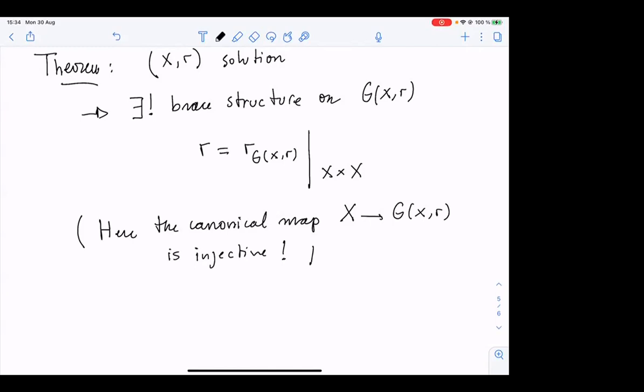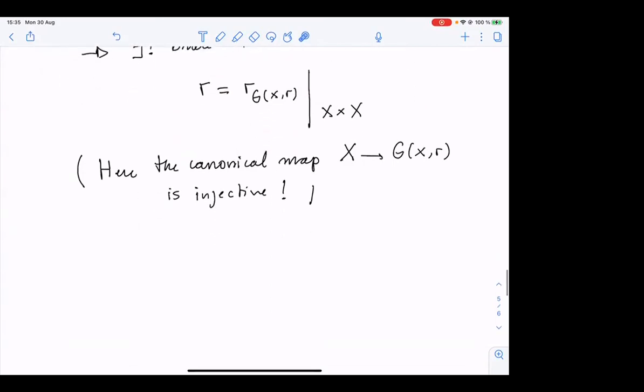So you prove that the canonical map is injective, and you can also put a unique brace structure here, in such a way that the canonical solution that you have over a brace restricted to X is going to be the original solution that you have, okay? And very good.